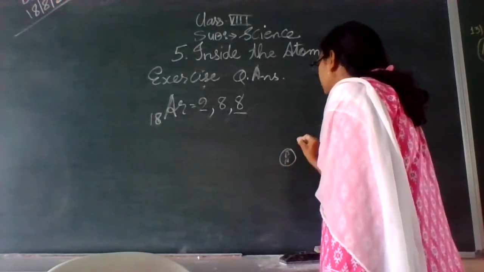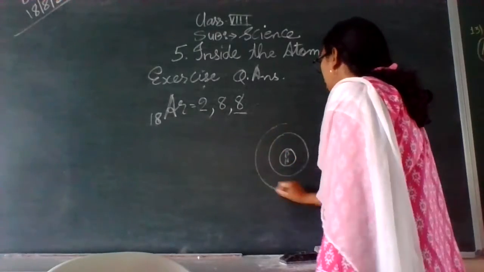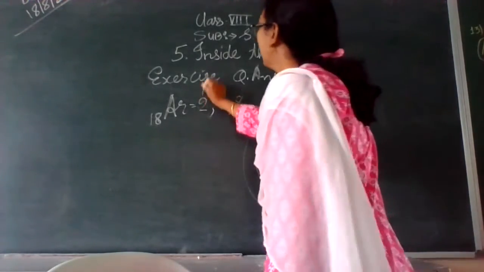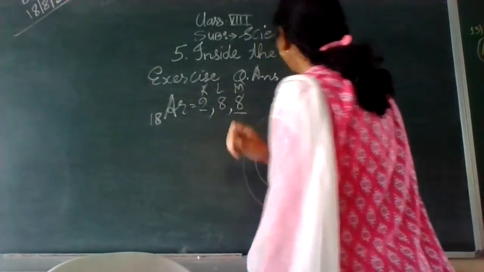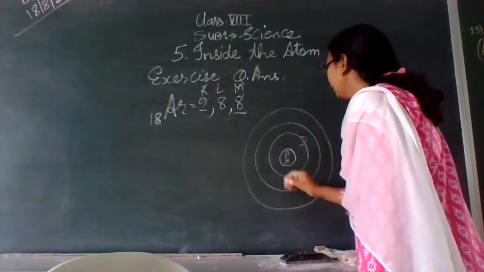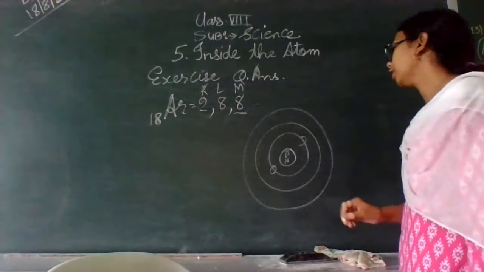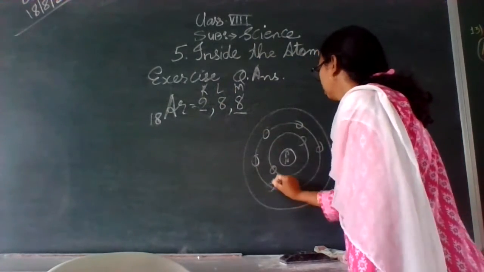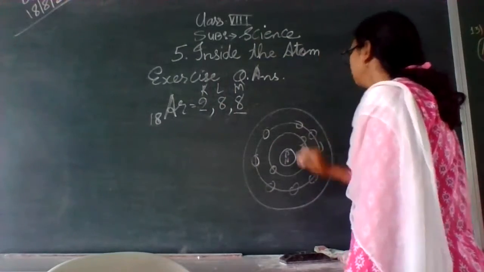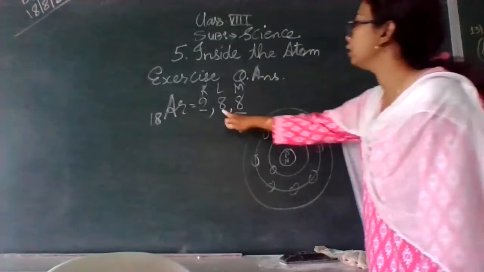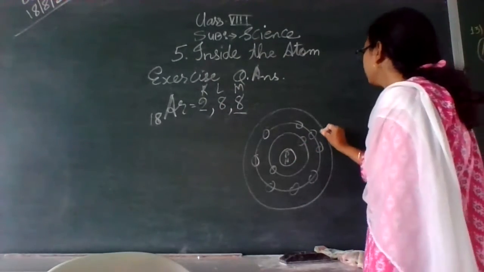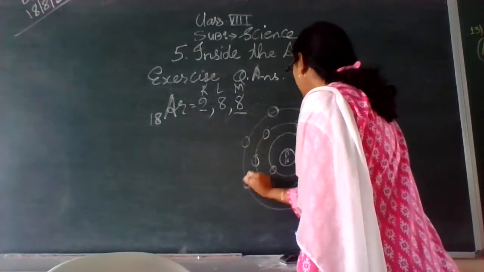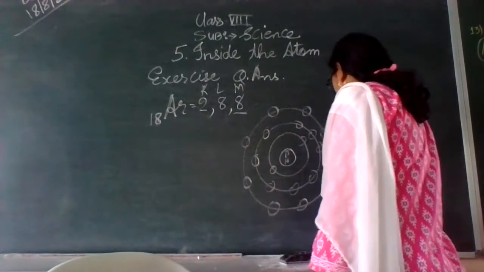This is the nucleus. Then you have K shell, L shell and M shell. So you can see 2 electrons in the K shell, then 8 in the L shell, and the outermost M shell is also having 8 electrons.